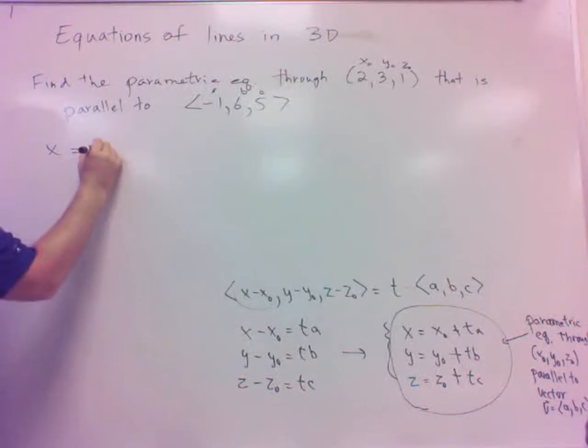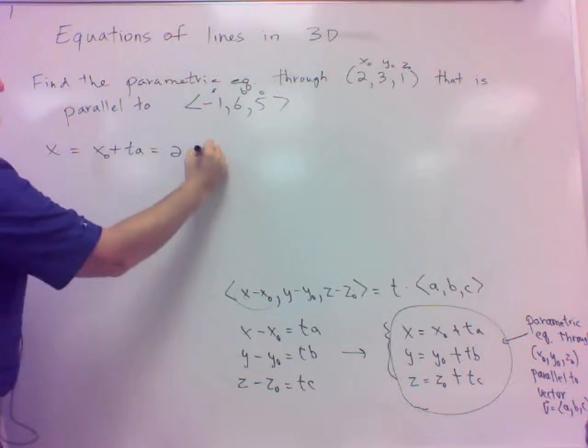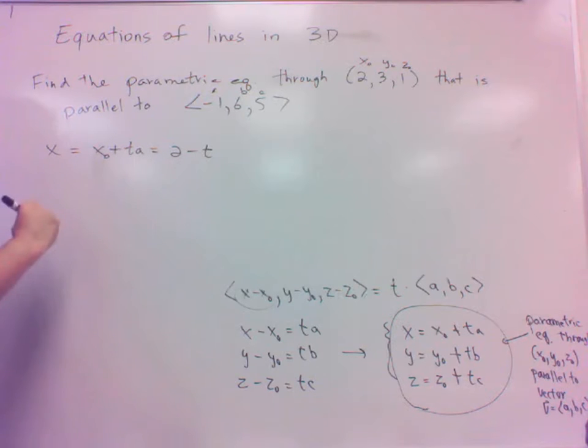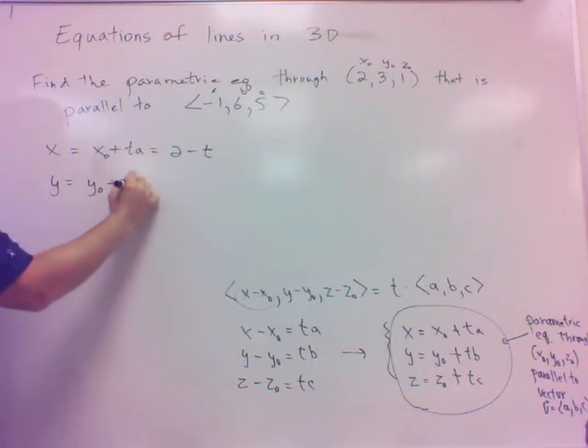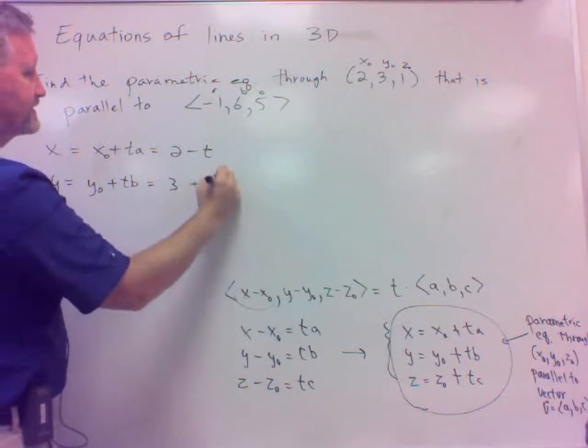So that would be 2 minus t, or 2 minus t times -1, right? Which is 2 plus t. The y would be y0 plus tb. So y0 is 3 plus 6t.